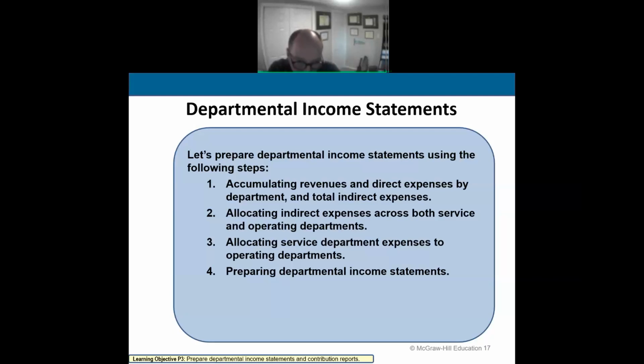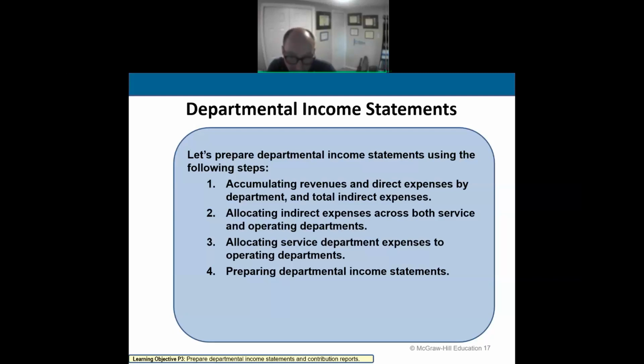And having those line items for each department helps me as a manager to be able to control my cost and to help to generate more revenue. So I allocate revenue and expenses based off of their direct and indirect expenses. I allocate the indirect expenses for both service and operating departments.